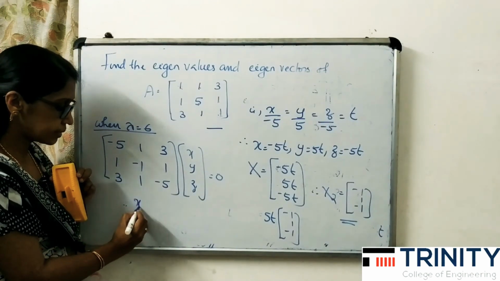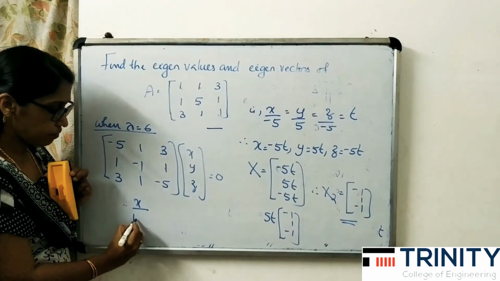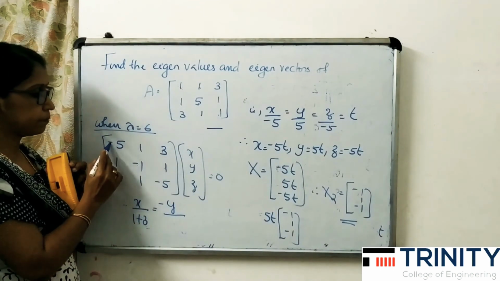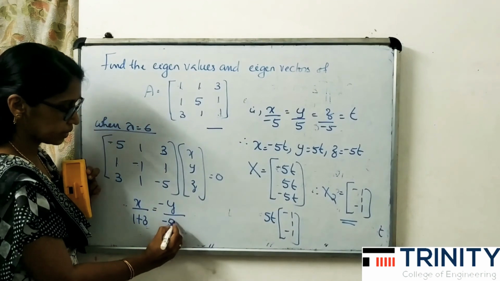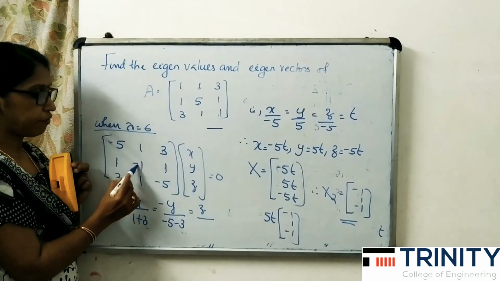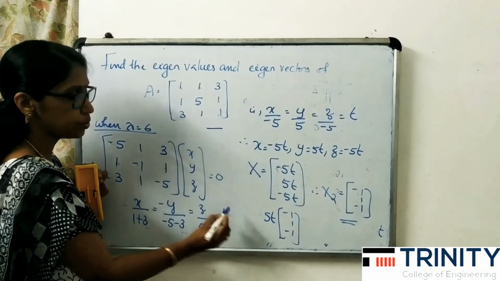Therefore, x divided by 1 minus minus 3, that is 1 plus 3, is equal to minus y divided by minus 5 minus 3, is equal to z divided by 5 minus 1, is equal to t.